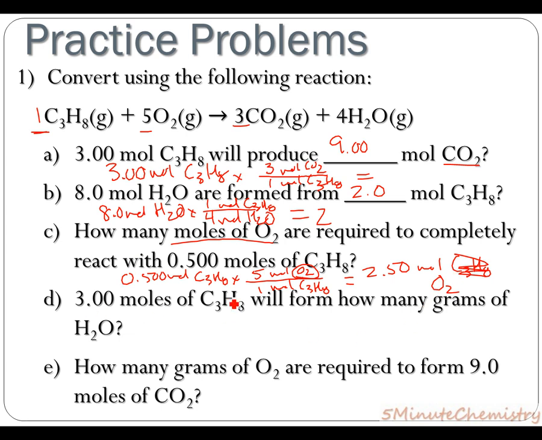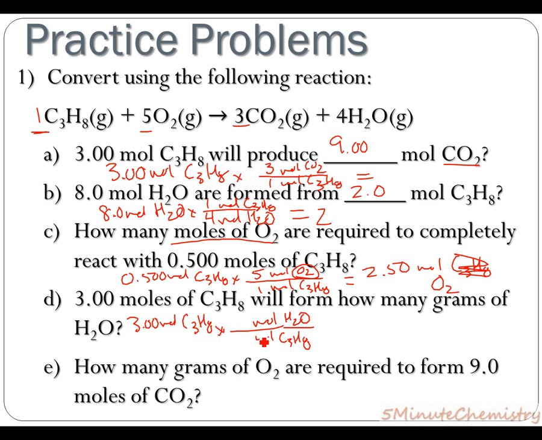Now 3 moles of C3H8 will form how many grams of H2O? So now I'm asking you to combine a couple ideas. We're going to use the mole ratio concept as well as the molar mass idea. So we're going to start with 3 moles of C3H8. We'd like to cancel moles of C3H8, and we're going to find first moles of water.